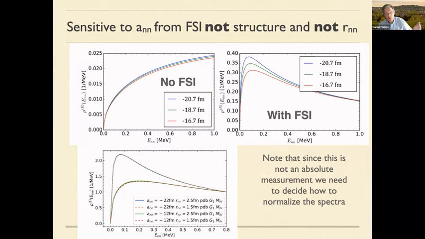It's also not sensitive to, let's say, higher order terms in the effective range expansion for the neutron-neutron amplitude. So the impact of the neutron-neutron effective range on the spectrum is very minimal, as you can see in this figure down here. But it is sensitive to the neutron-neutron scattering length. So this spectrum will do exactly what you want. It's a clean measurement of the neutron-neutron scattering length.